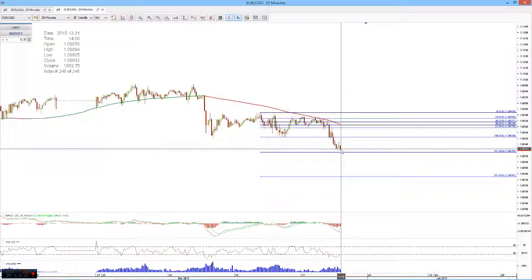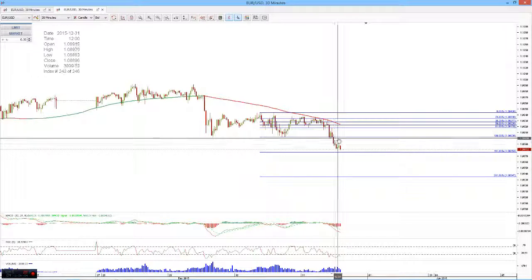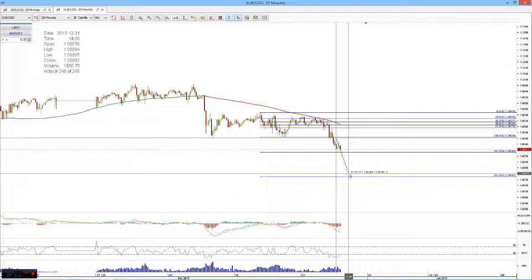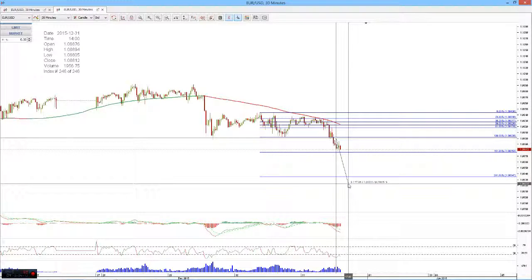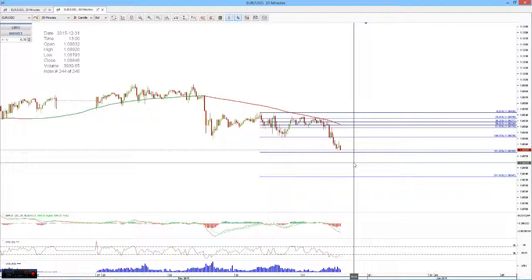So it is likely that the market may try to fall, and after that break to the downside, we may have a movement of around 80 pips to the downside. So this is also possible.